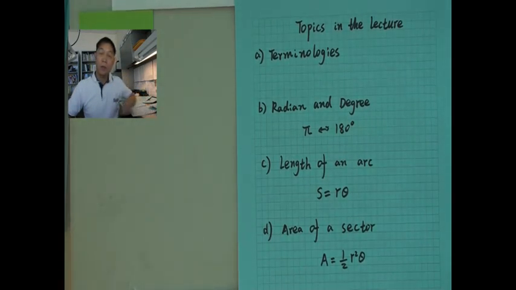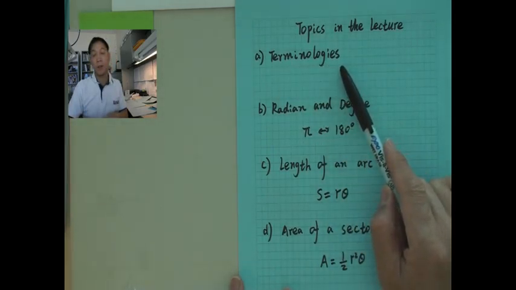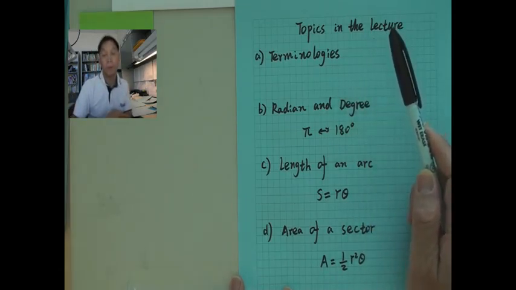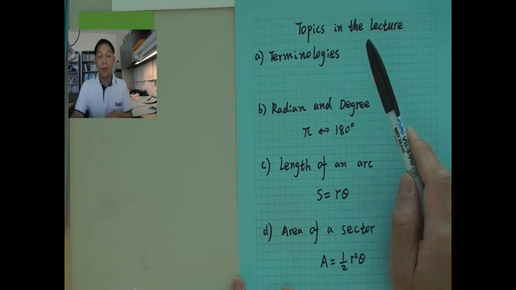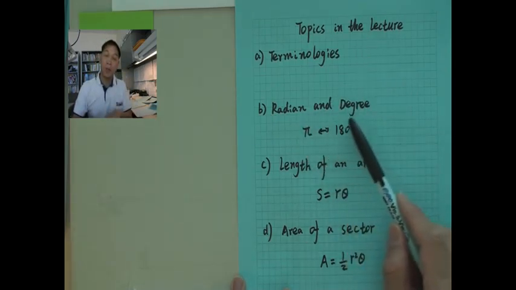In this lecture, we'll have 4 topics. The first one is about terminologies, that's about angles related terminologies. The second one is about radian and degree.